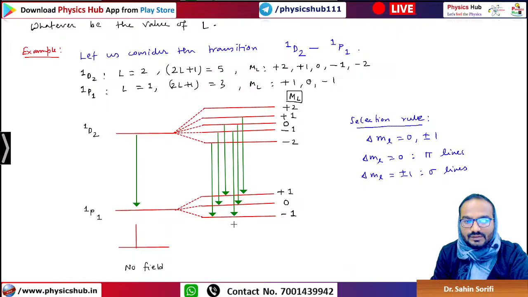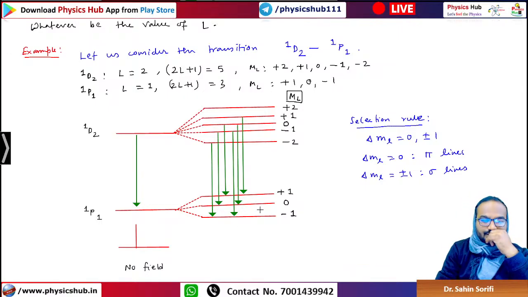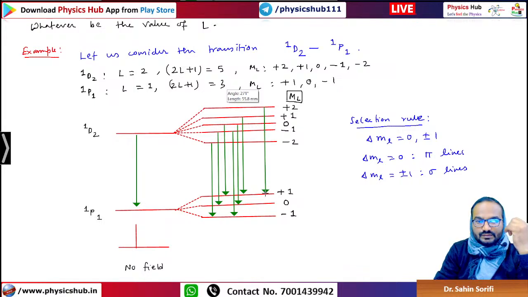Okay, so delta ML equals 0 here, and next you take, let's say, 2 to 1, okay, 1 to 0, and 0 to minus 1.